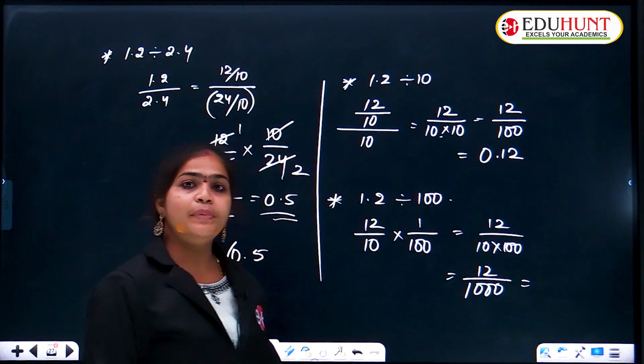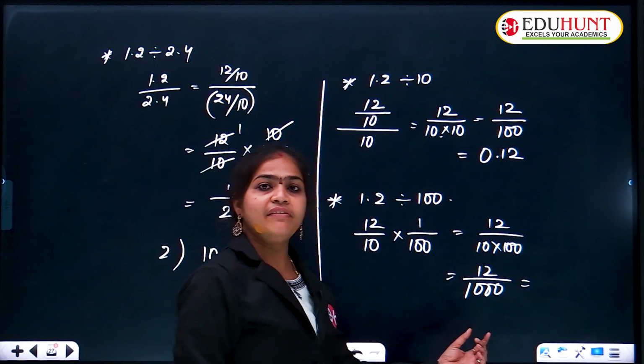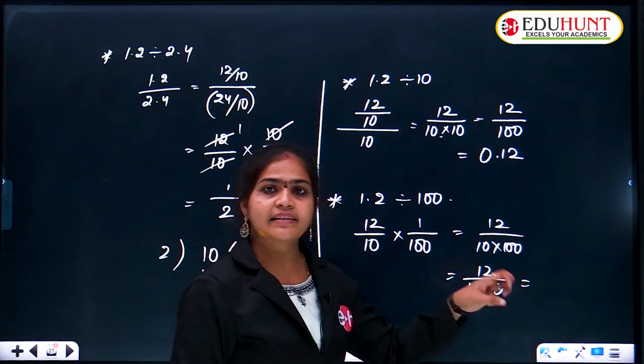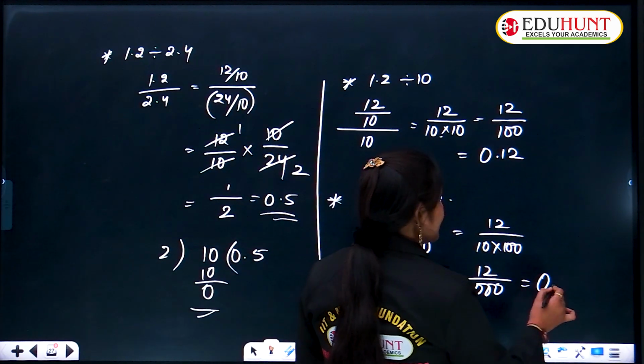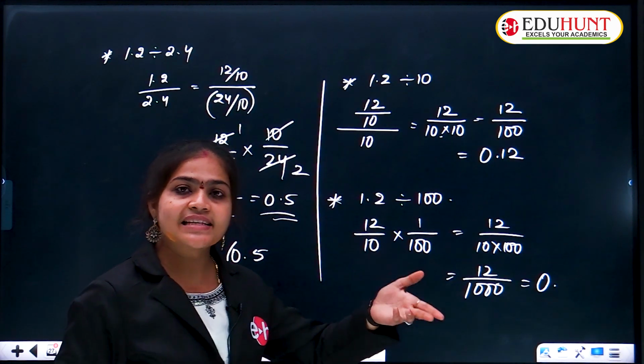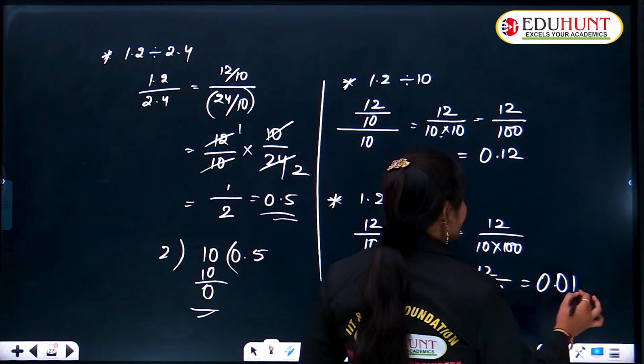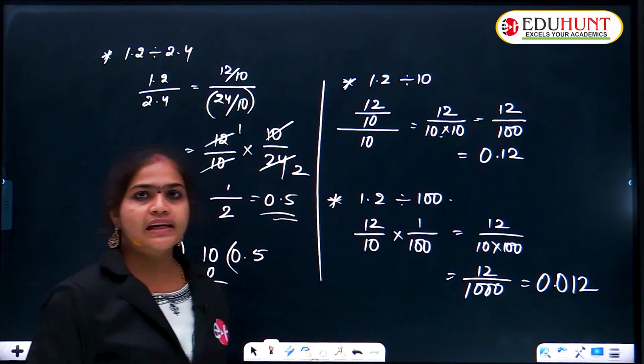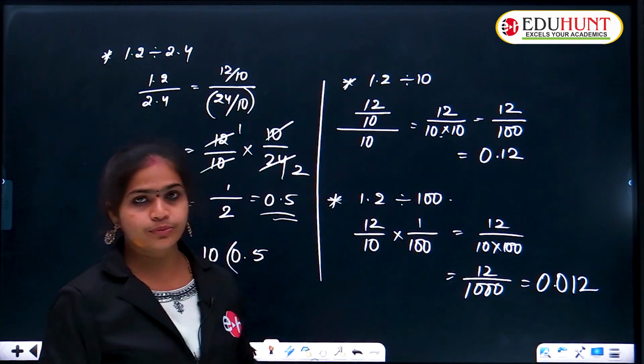Okay, then here 12 by 1000. In the denominator we have 1000, so how many zeros are there? 3 zeros are there. Then here 0 point, but in the numerator we have only 2 digits. To make it 3 digits, just keep a 0 before the 1. Then you will get 0.012.